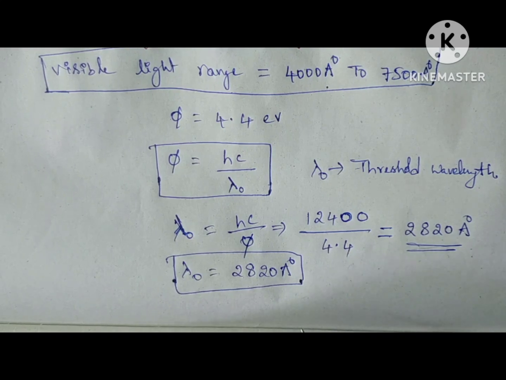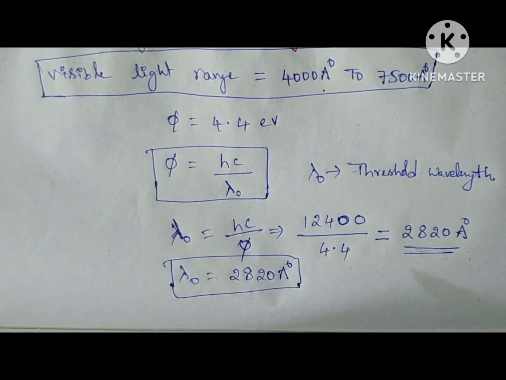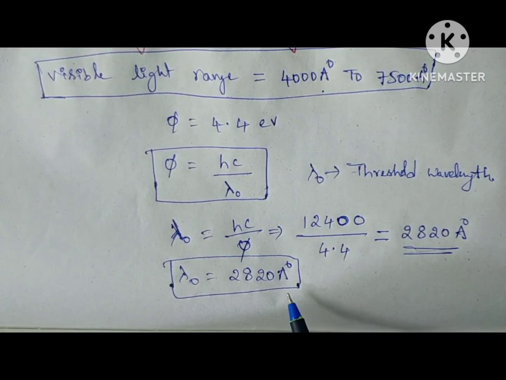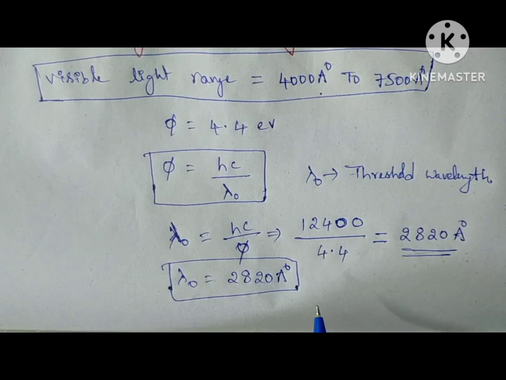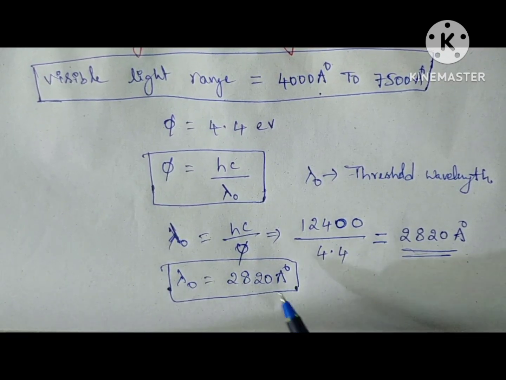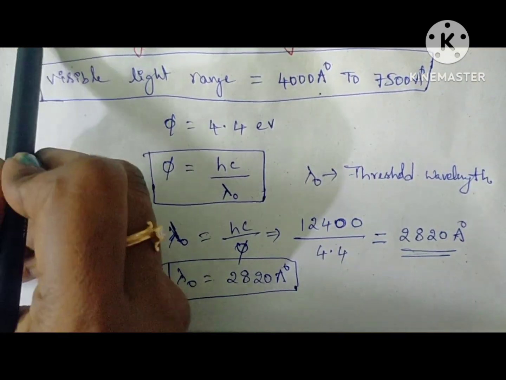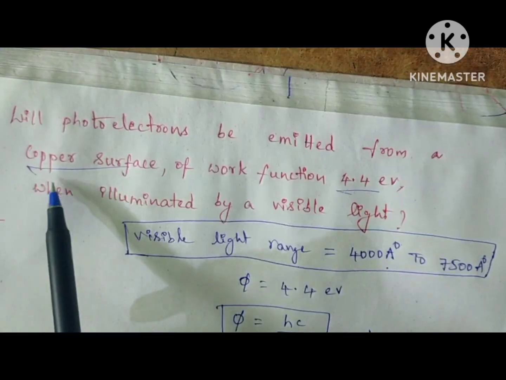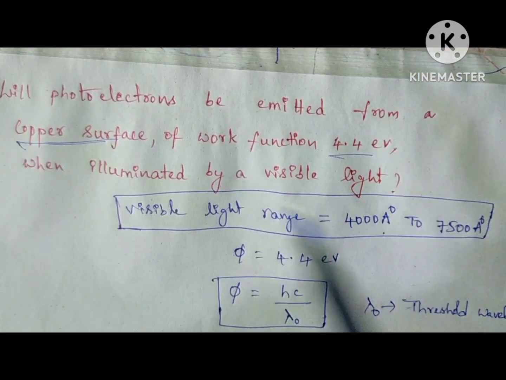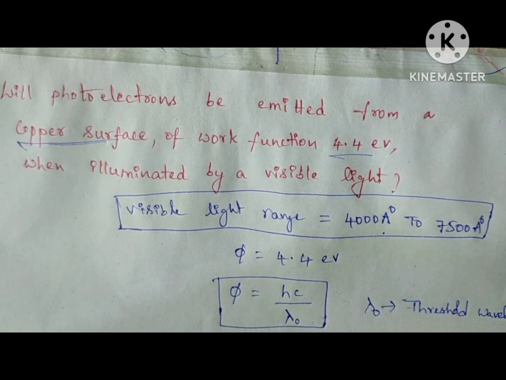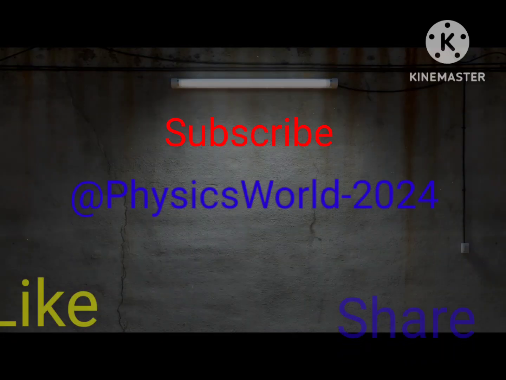Is it clear? So it cannot eject photoelectrons from the copper surface. Is it clear?